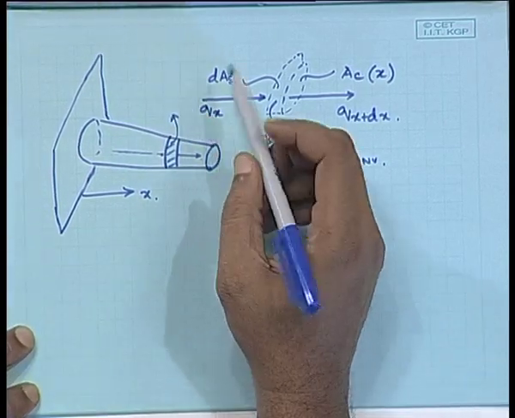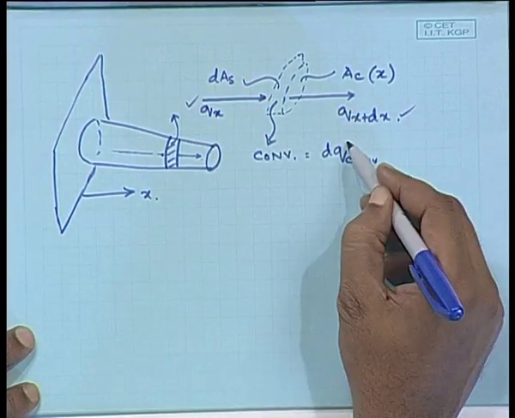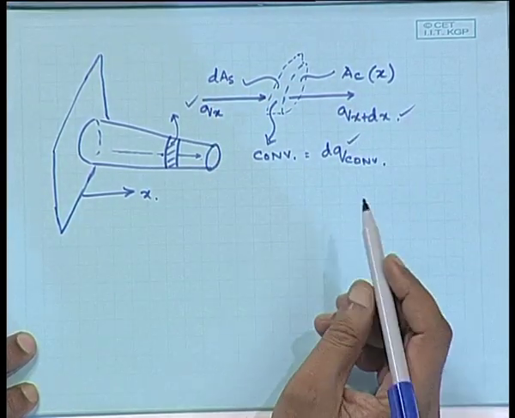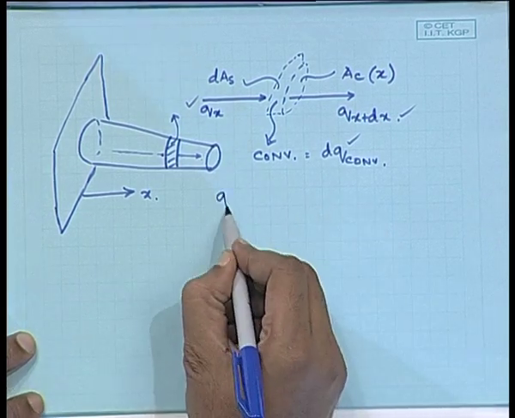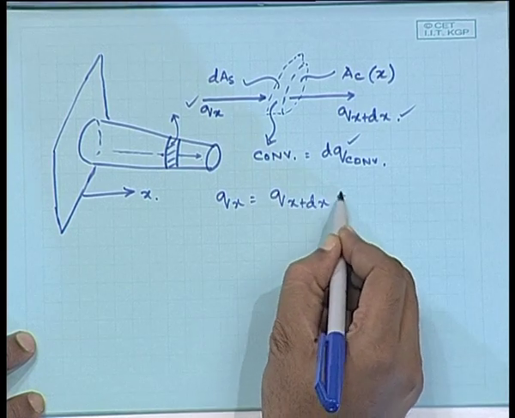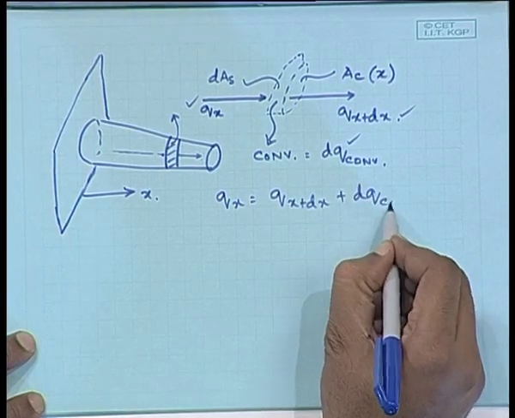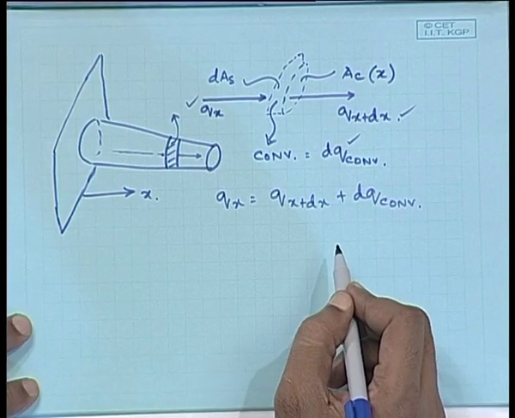So, what is the relation between qx plus dx and dq convection at steady state? qx is equal to qx plus dx plus dq convection. Fine. So, that should be the case at steady state.